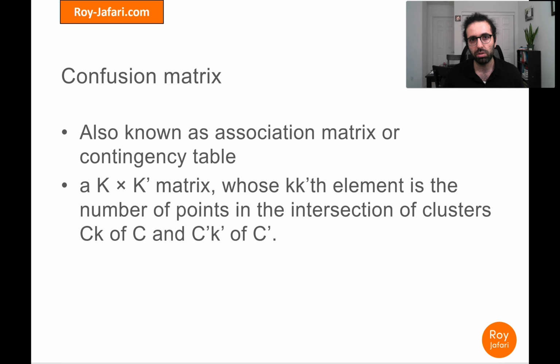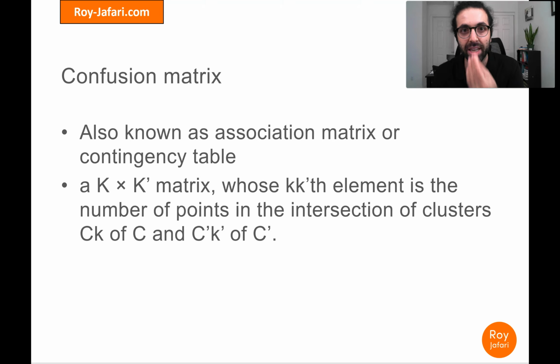Basically, when you want to see the relationship between two categorical attributes, you count the number of data objects that have each pair of possibilities for these two categorical attributes. And let's face it, each clustering basically is a categorical attribute, right?